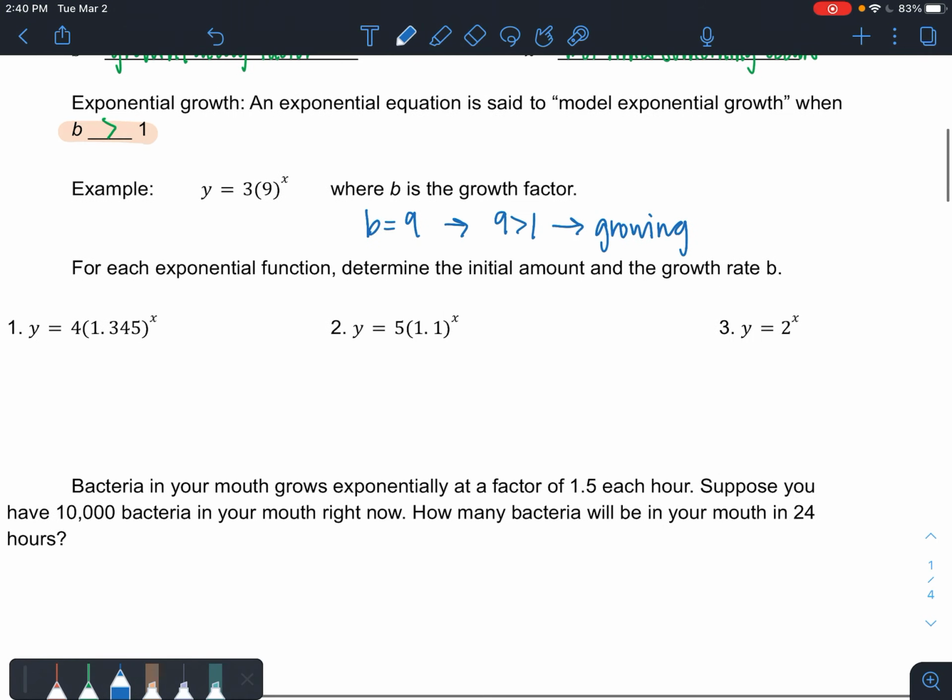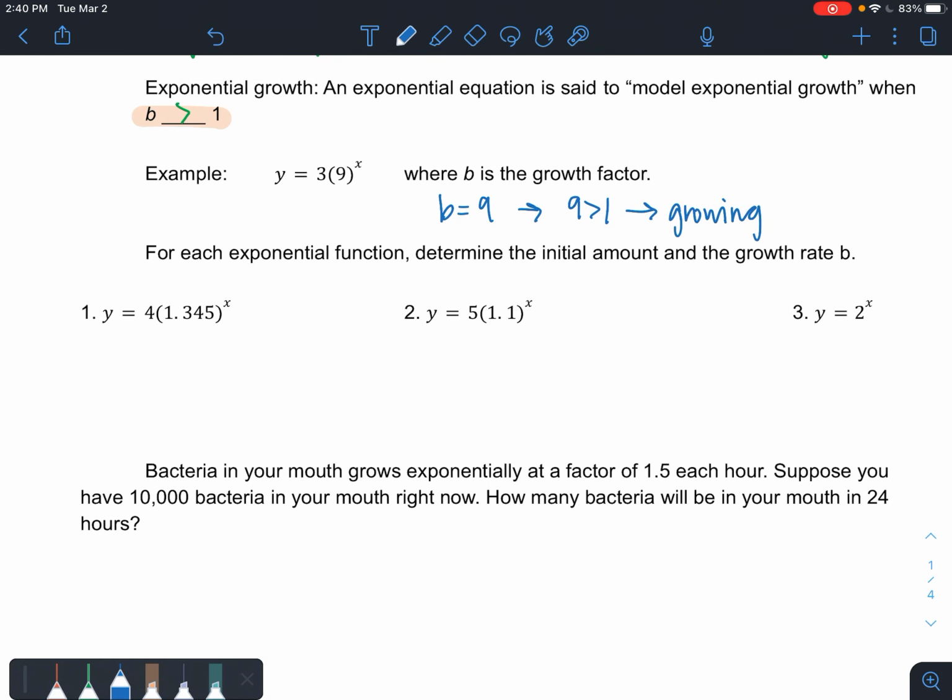Okay, so for each exponential function below, we want to determine the initial amount and the growth rate B. So we're looking for A sub 0 and B. Here's my A sub 0. And then here is my B. A sub 0 is going to be equal to 4, and B is equal to 1.345.